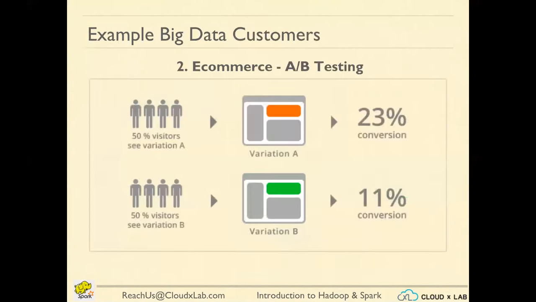Great. Let's move on to the second use case of big data. The example of the second use case is A/B testing. What is A/B testing? A/B testing in the e-commerce world is a very important process. Imagine you have a website and you are confused about whether to use green color or red color.